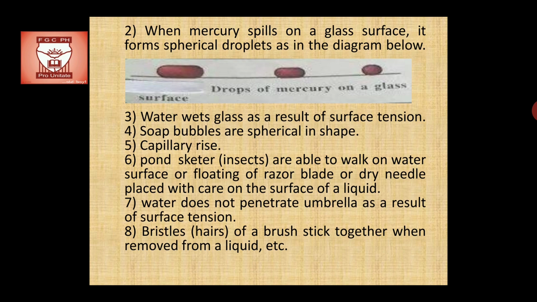All these form one point. If you have mentioned pond skaters are able to walk on water surface, you need not mention floating of razor blade or dry needle. So out of these 3, just pick one. They are saying the same thing.